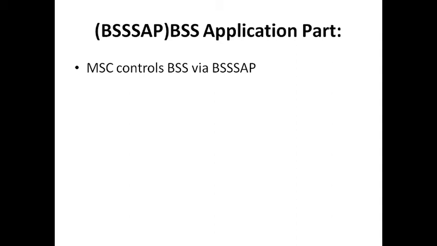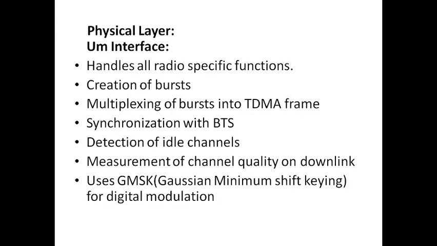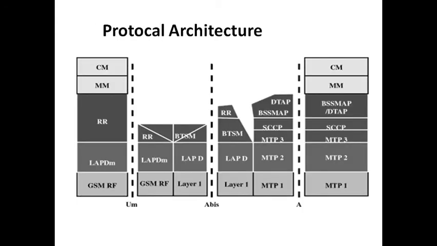MSC can also control BSS, but the MSC controls BSS by using the BS application part only. In the diagram, it is situated in the middle of the third and fourth part of the protocol architecture for signaling. If you observe, in the third and fourth part of the architecture, the BSS application part is there.